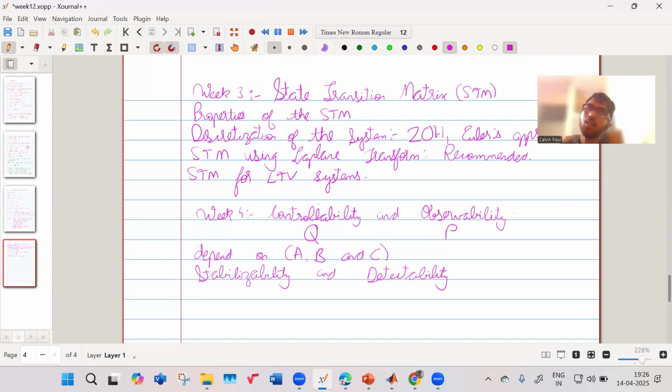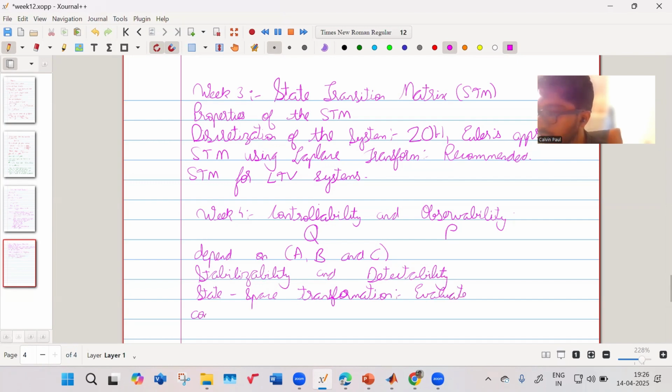as well as we can do state space transformation, where there are certain canonical forms which are easier for us to evaluate controllability or observability.